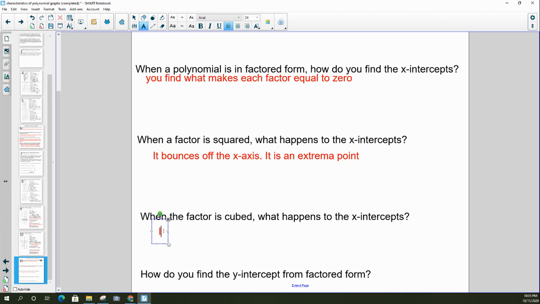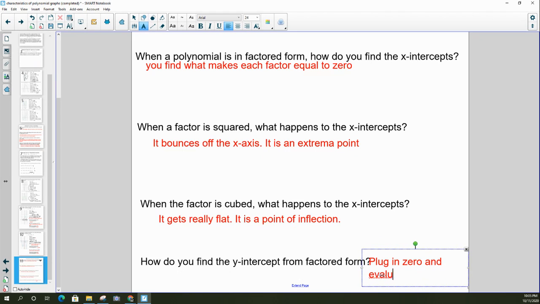It gets really flat. Right? We call it a point of inflection. How do you find the y-intercept when it's in factor form? Plug in 0 and evaluate. All right, and so there's some information about factored form.